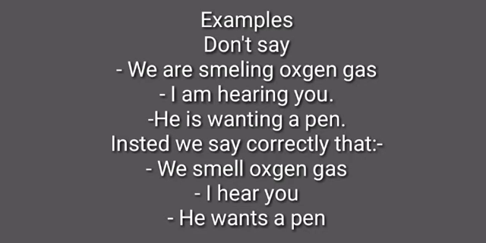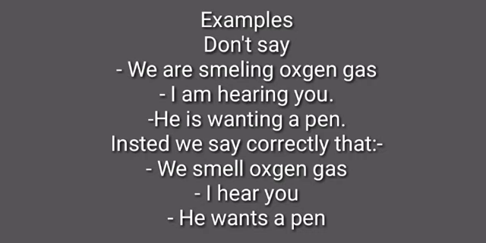Instead, we say correctly that the words of sensation, words of desire, and words of mental process are not used with the present progressive tense, but they are correctly used with the simple present tense.